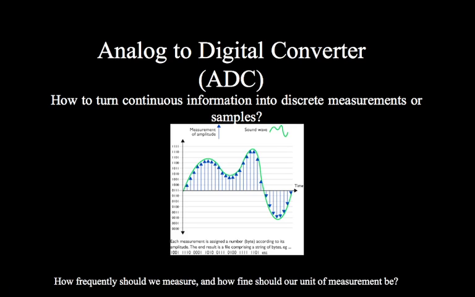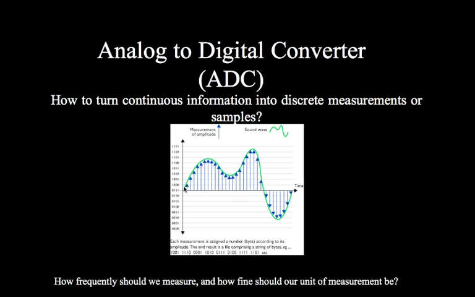So here we see in this picture, each of these blue lines is a sample, a measurement of this continuous sound wave. You could think of this as the analog electrical signal that has come into the converter, and the converter is making these measurements at this very specific rate.